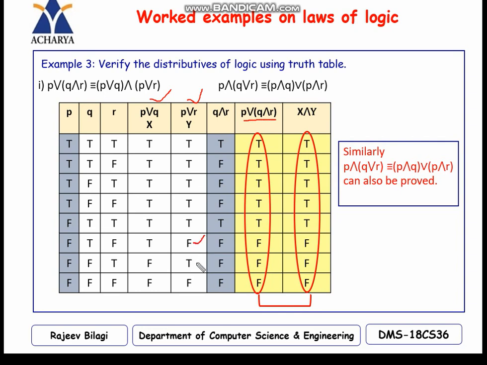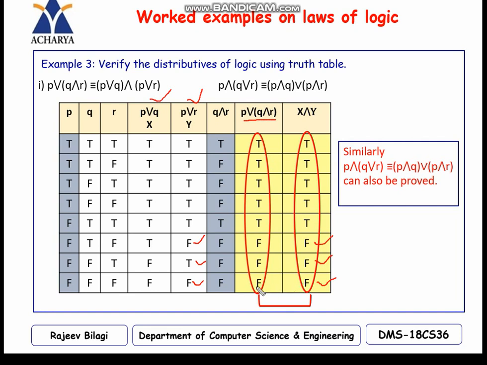So this one will be false, this one will be false, and again here this one is also false. If you look at the resultant value, this is F, this is F, this is F. So all other values are true. Okay. Now if you look at the truth values of P or (Q and R) and (P or Q) and (P or R), both the values are the same.